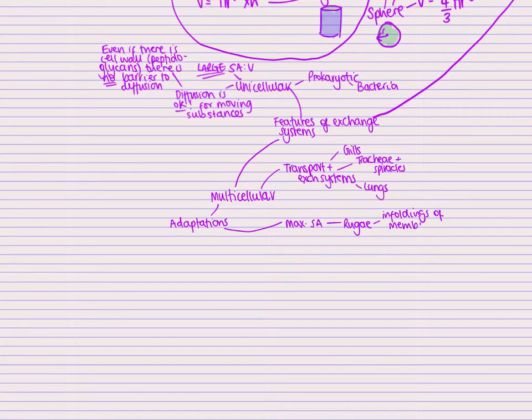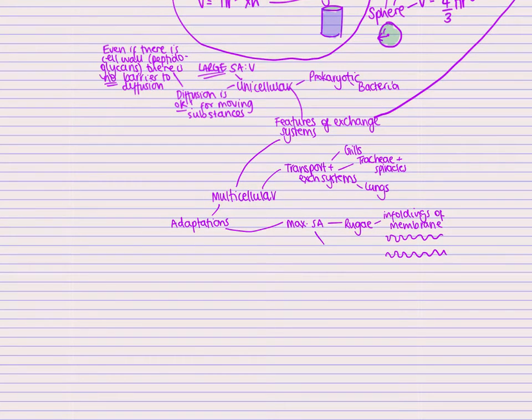So rather than our small intestine being just a tube like this, actually, if I just rub that out, we have got lots and lots of folds in the membrane, which are going to increase the surface area for substances to move down and to be absorbed through.